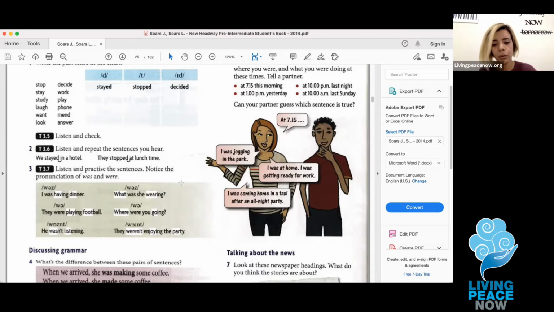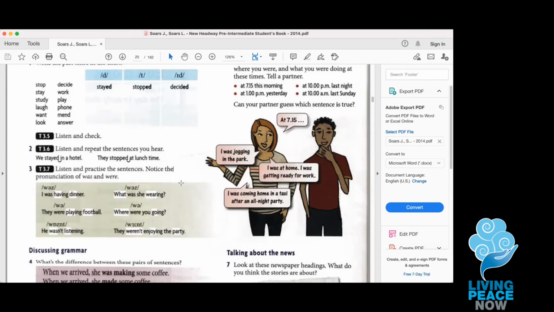I was jogging in the park. You, how do we say with you? How do we say past continuous with you? With you we use, I think, were.